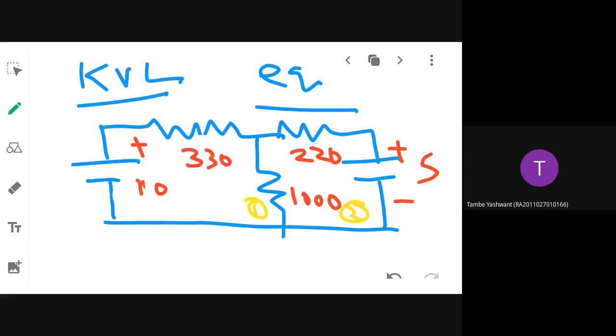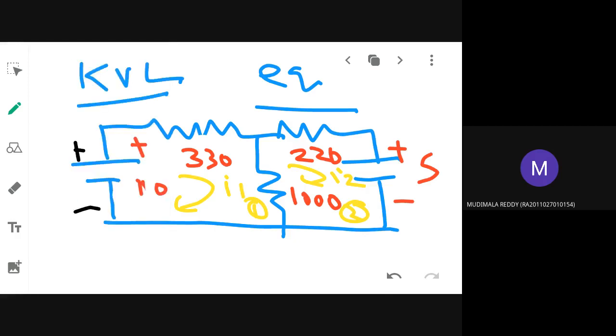So I will assume currents I1 and I2, in clockwise direction. First I have to assume the direction of current flow in the two meshes. Then I have to assume sign conventions for all the resistive elements present here. How many resistive elements are there in the circuit? 3.